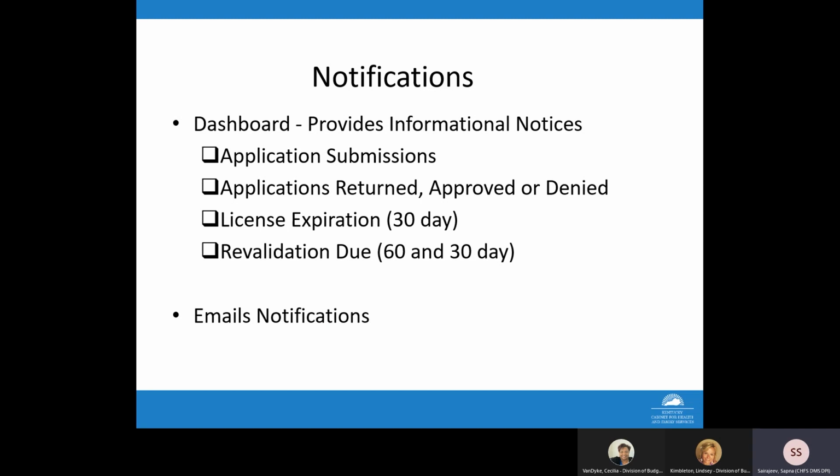We also send license expiration notifications 30 days in advance, letting the provider know your license is expiring, so you need to do a maintenance. We also send out a 60 and a 30-day revalidation notification through the portal, reminding providers to revalidate their provider number. These notifications also go via email.